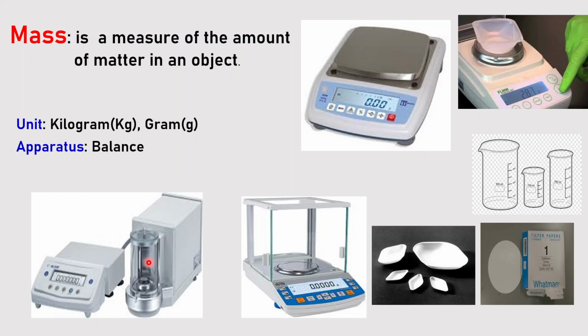The readability of a microbalance is 1 microgram. And for more sensitive weighing, an ultra microbalance can be used, which has a readability of 0.1 microgram. But the use of a microbalance requires a cabinet to avoid external disturbance from the wind, from dust particles, or from vibration.